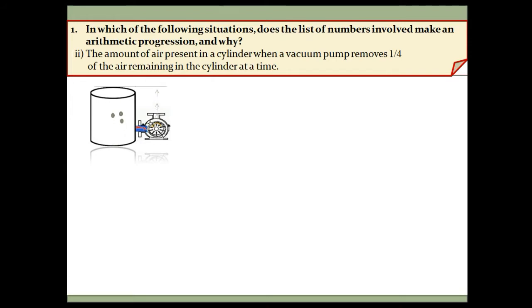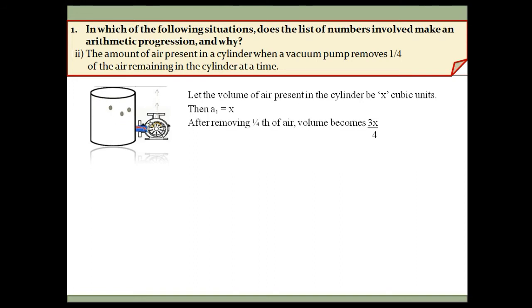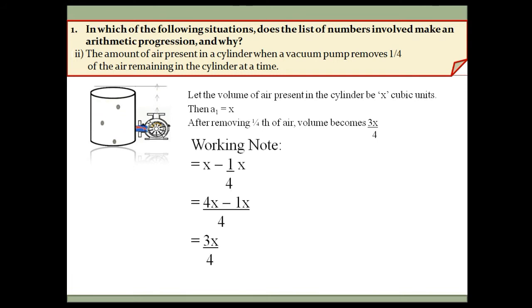The amount of air present in a cylinder when a vacuum pump removes 1/4 of air remaining in the cylinder at the time. Let the volume of air present in the cylinder be x cubic units. Then first term equals x. After removing 1/4 of air, volume becomes 3x divided by 4.